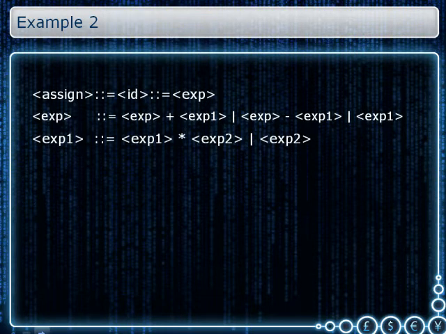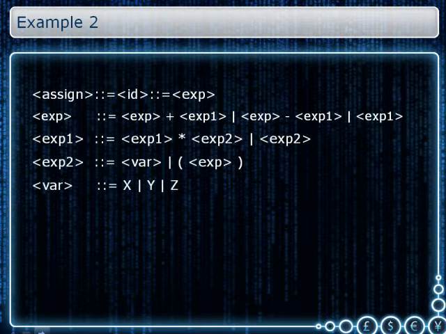Expression 1 can define as a multiplication of expression 1 and expression 2 or expression 2. Expression 2 can define as variable or an expression inside brackets. Variable can define as x or y or z, and ID can define as A or B or C.